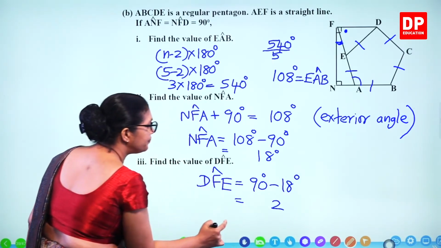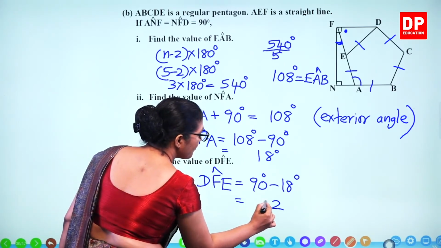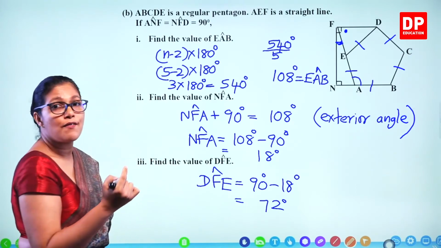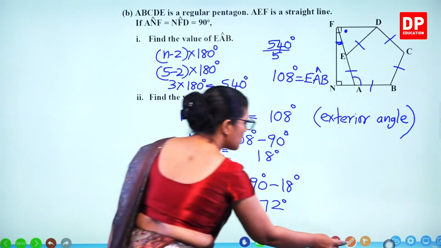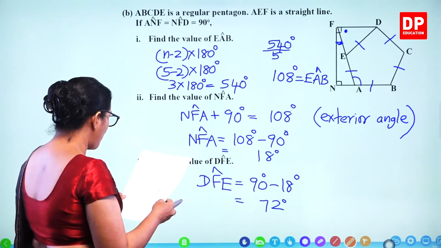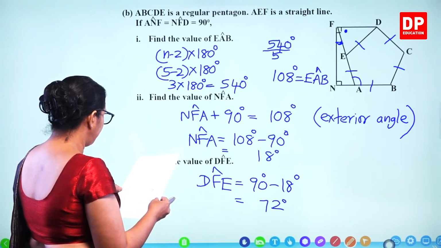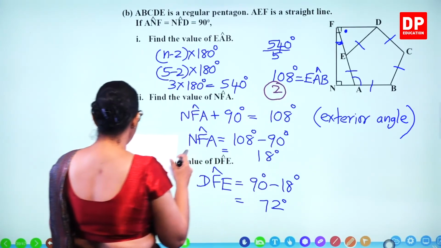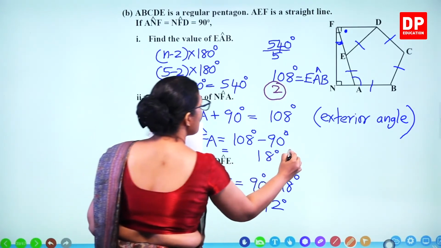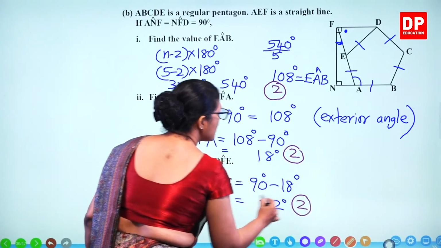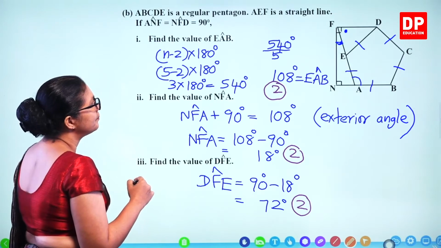So 72 degrees. So how many marks? You get 2 marks for 108, 2 marks for 18 and 2 marks for 72 degrees.